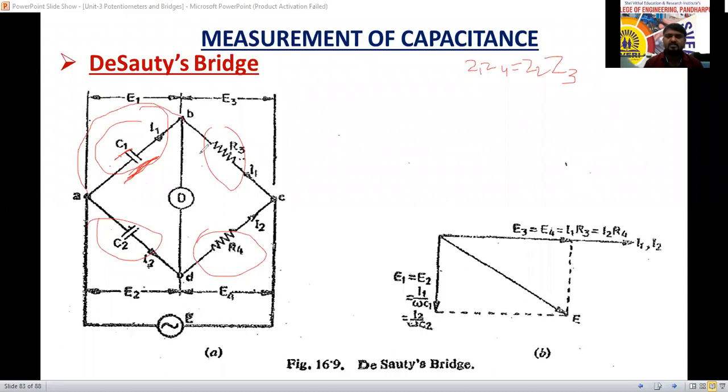If there is no resistance part at all and only the capacitance part is there, how are we going to write that? We write XC1. Instead of C, we consider it in the form of reactance.